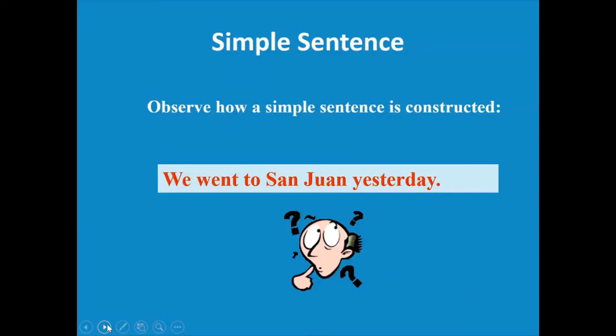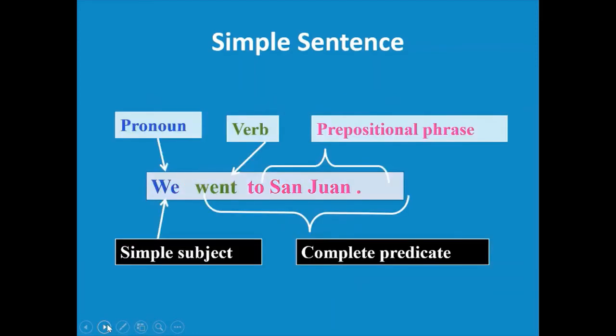A simple sentence has just one clause. There are no additional clauses. There, a simple subject, we, which is a pronoun, went, which is the action verb, to San Juan, the prepositional phrase.